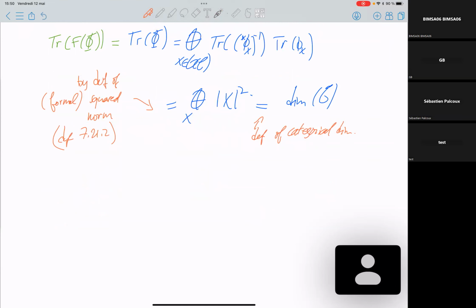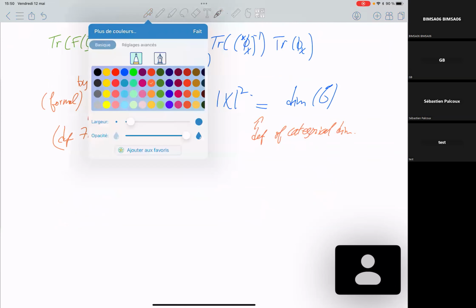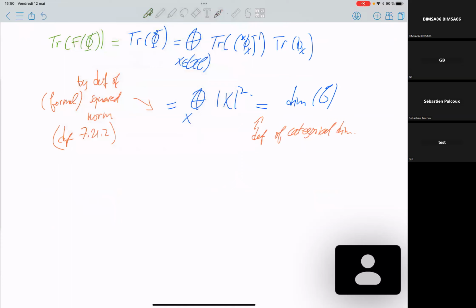Let me write, we call that, is totally positive, which means it's proposition 7.21.14.